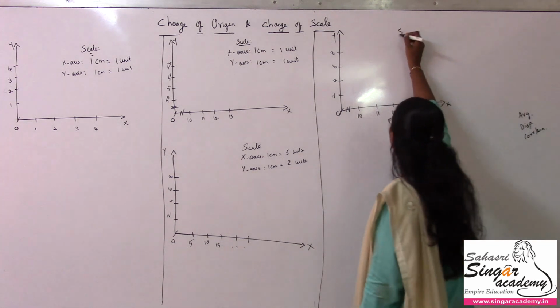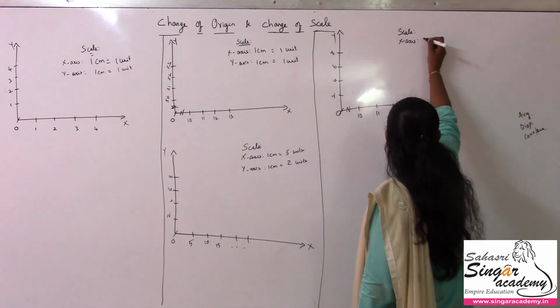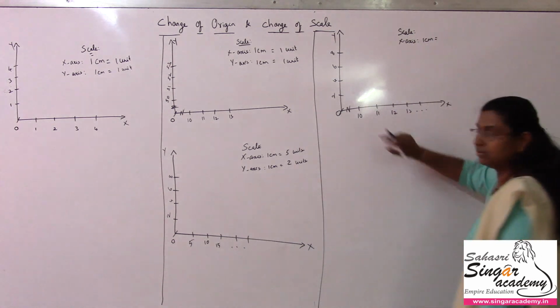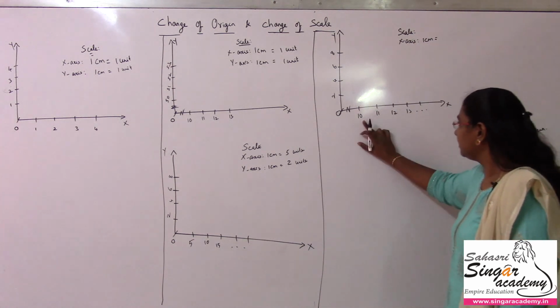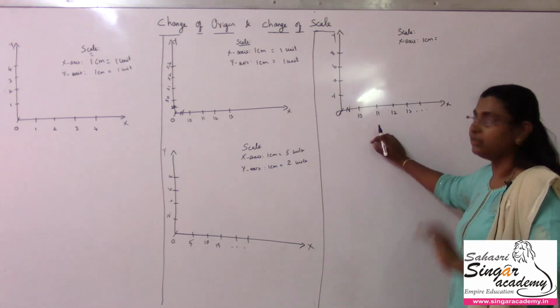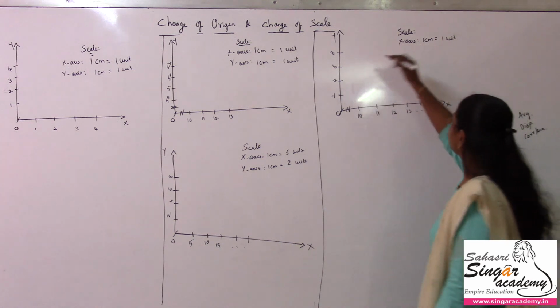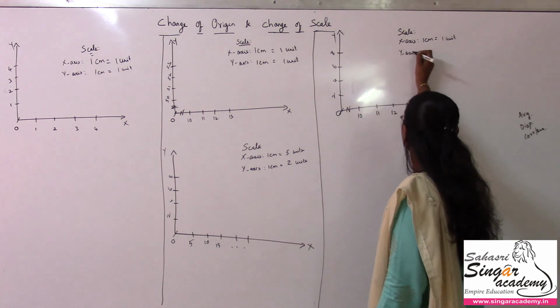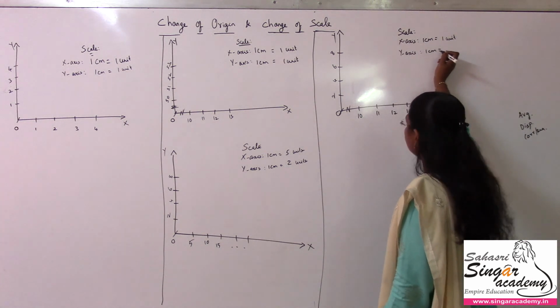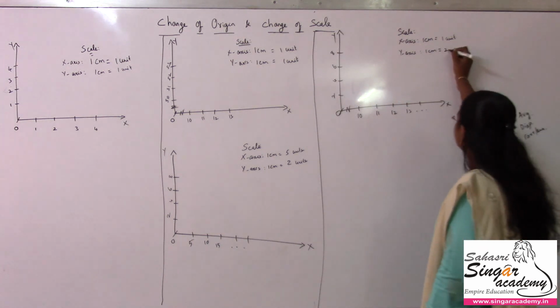And the scale here with respect to this graph is x-axis. 1 centimeter is equal to 1 unit. Am I right? 10 irukku, 11 irukku, then 12, 13 continues with respect to 1 unit difference. So 1 centimeter is 1 unit. Is it okay? With respect to y-axis, I have 1 centimeter is equal to 2, 4, 6 in multiples of 2. So this is 1 centimeter is equal to 2 unit.